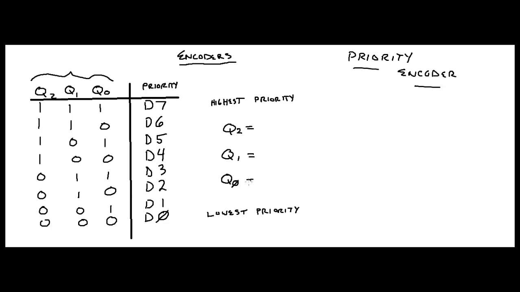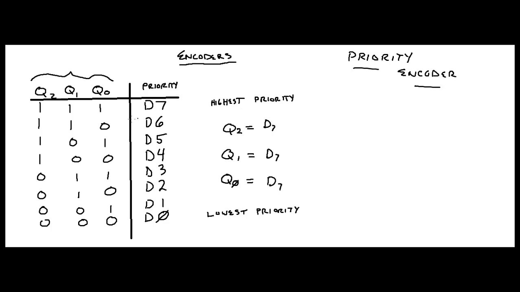Now let's go down through it. For D7, if each one of those are active, you want them all to be on, right? So if you have a D7 as an input, you want them on, right?